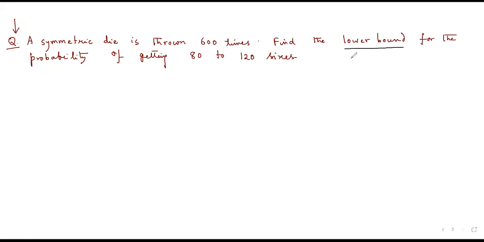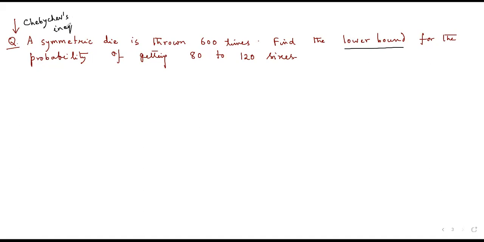Whenever this word is present, we immediately understand that we have to solve the problem with a probability tool which has an inequality in it. So we can think of Chebychev's inequality.